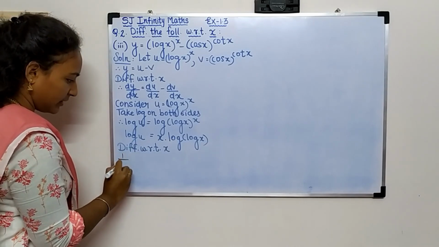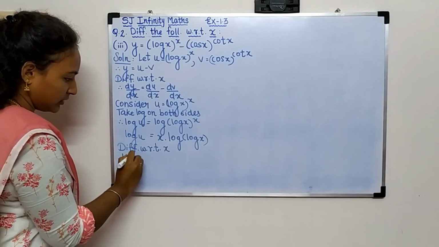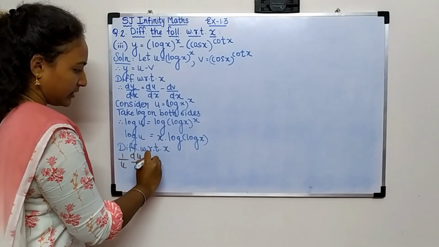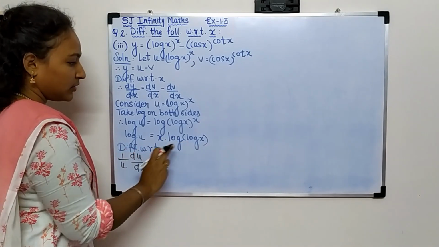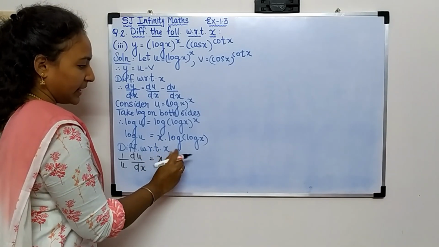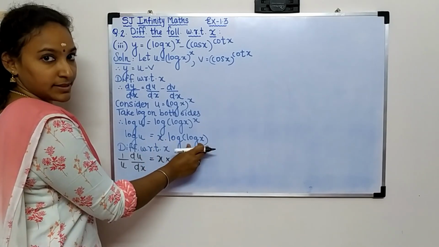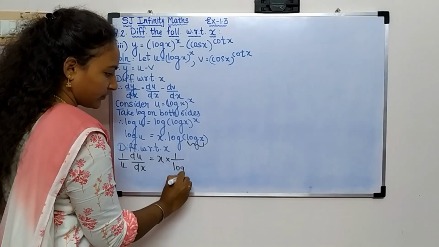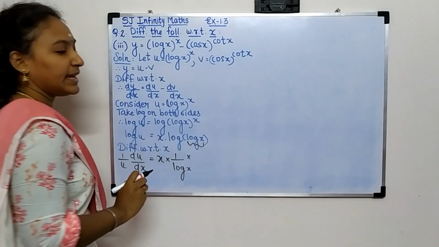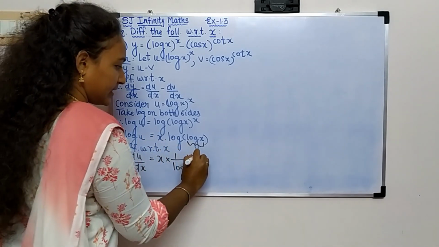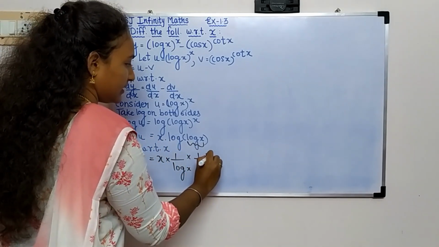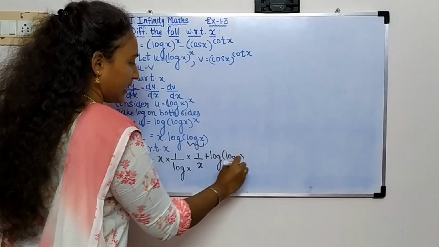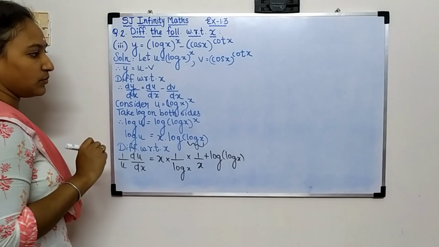We get 1 upon u du by dx is equal to, this is a product term, so x multiplied with the derivative of log of log x. This is a log x, so we get 1 upon log x into the derivative of log x, which is 1 upon x, plus log of log x, and the derivative of x is 1.